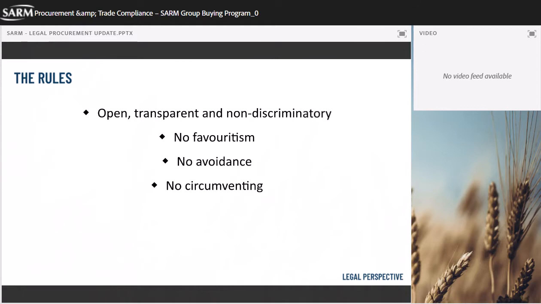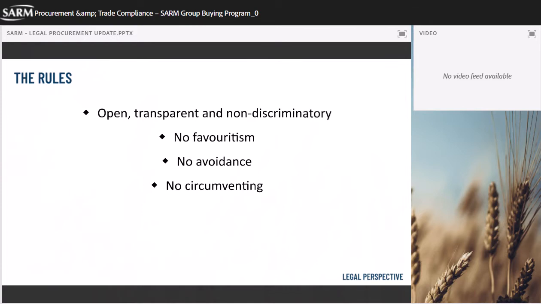Now, when we're talking about the rules that municipalities and buying groups need to follow, they're the same rules. It's the same themes that we see in all trade legislation. It's open, transparent, and non-discriminatory access to covered procurement by its procuring entities.